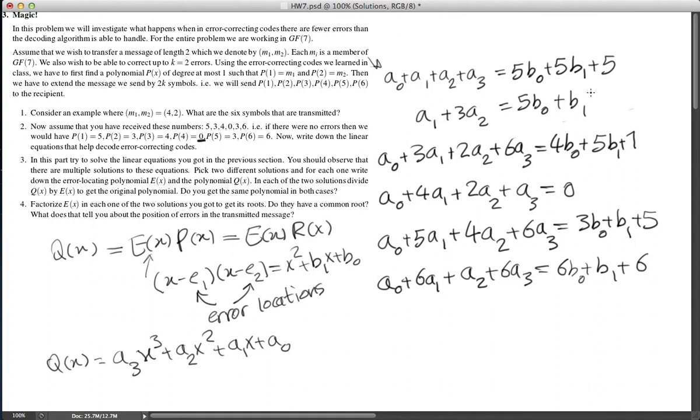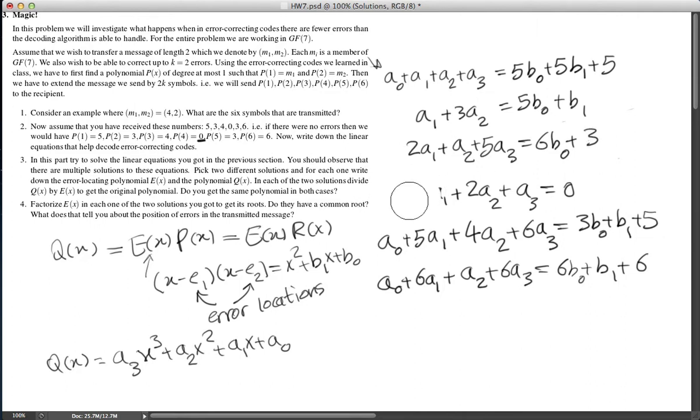If I do that for the third equation, meaning that if I subtract the first equation from the third equation, I'm going to get 2 times a1 plus a2 plus 5 times a3. This is equal to 6 times b0 plus 3.